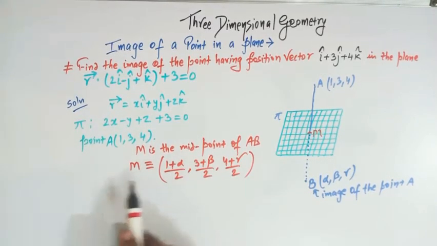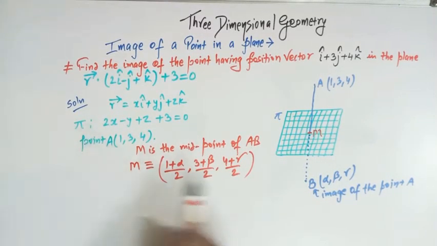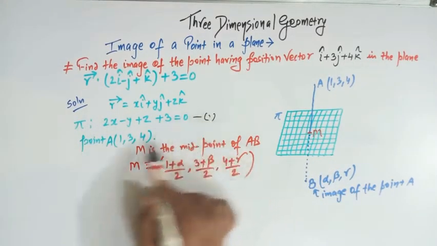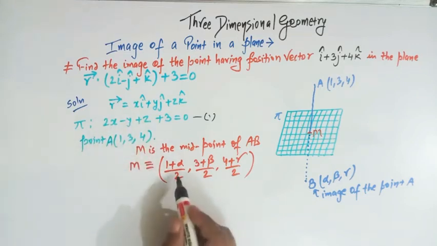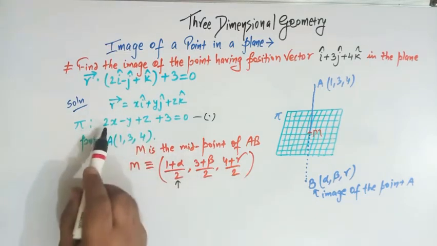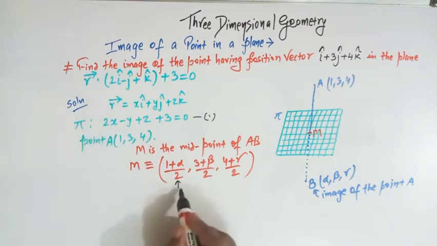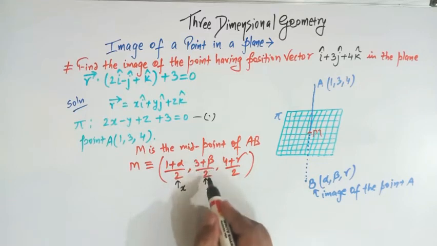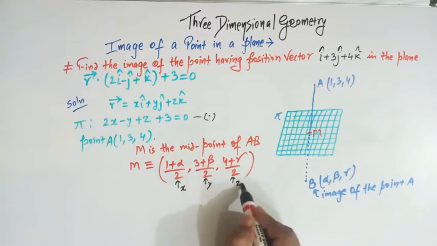Now this point M lies on this plane, so it must satisfy the equation of the plane. So here substituting this point in the equation of the plane, x is (1 plus alpha) by 2, y is (3 plus beta) by 2, and z is (4 plus gamma) by 2.